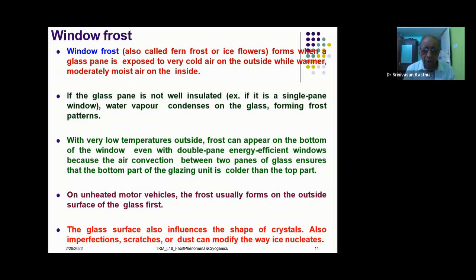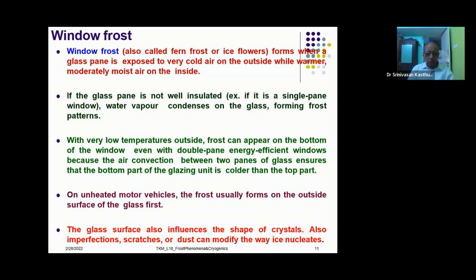Because of the air convection between the two panes of glass, the bottom part of the glazing unit is colder than the top part. So the frost that forms on the surface of a glass is called window frost. For example, in unheated motor vehicles, frost usually forms on the outside surface of the glass.